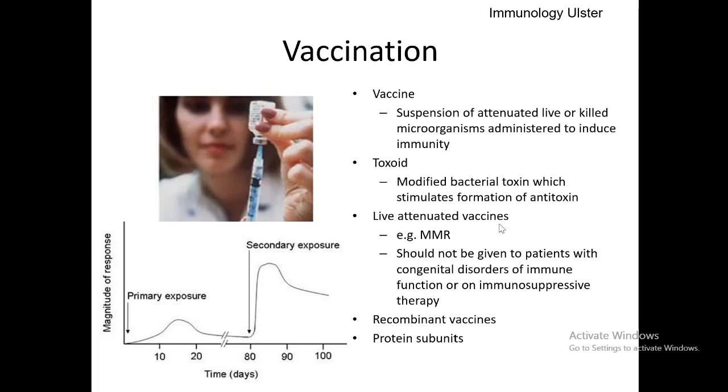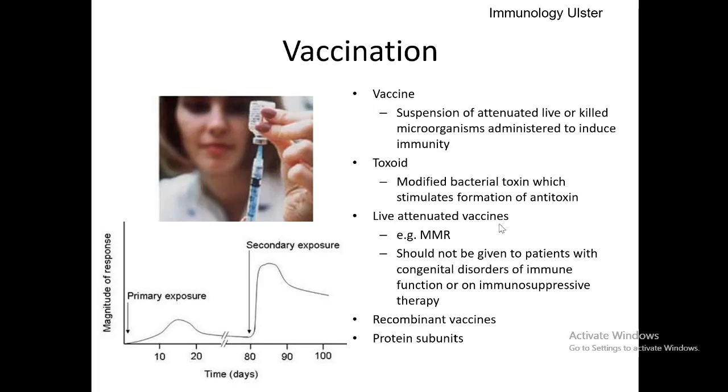And one caveat to all this is that when you're dealing with live attenuated or weakened vaccines, you need to be careful with people who have weak immune systems because it could have the potential to create problems. You could also have recombinant vaccines or protein subunits, where basically the components of the pathogen are isolated and injected as a vaccine.